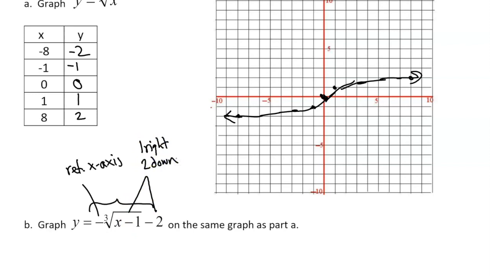If you take a look at the graph we have right here, and we reflect that over the x-axis, we could do that, and then we want to move 1 right and 2 down.